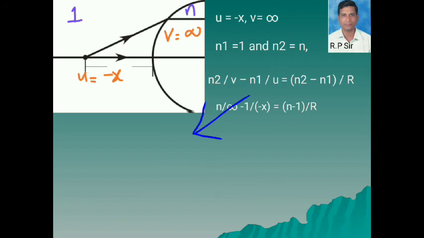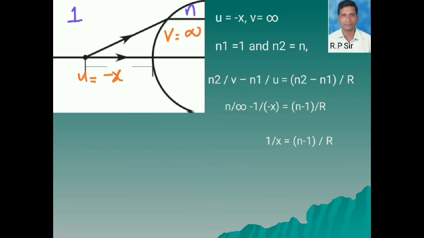Something by infinity equals to 0. Then we get 1 by x is equal to n minus 1 by R. Therefore, x is equal to R by n minus 1.